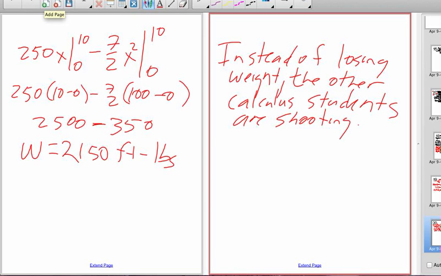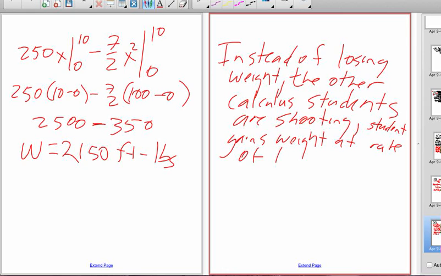And they're actually pretty good shots, because now the student gains weight at the rate of 10 pounds per foot. Okay, so it's the same basic idea that we had before.